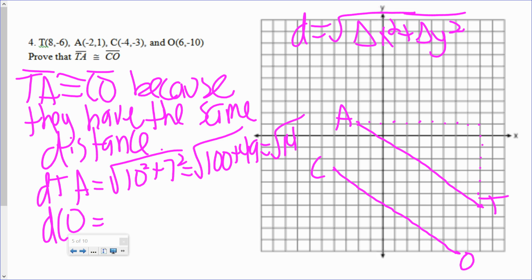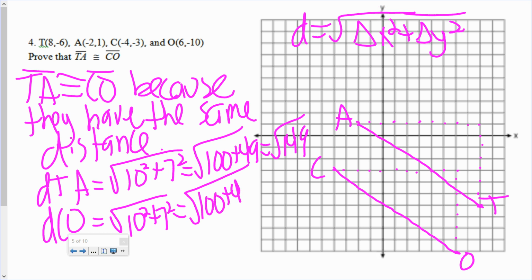That's radical 100 plus 49, radical 149. CO is 10 and 7. Radical 100 plus 49 is radical 149. I show that they're the same.